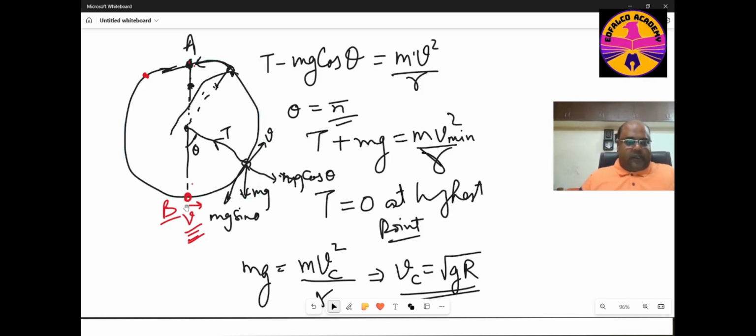So the potential energy at B plus the kinetic energy at B must be equal to the potential energy at A plus the kinetic energy at A, and that will help me get the value of the velocity at point B in just one equation. So it makes my life easy. That's why this conservation of energy is important.